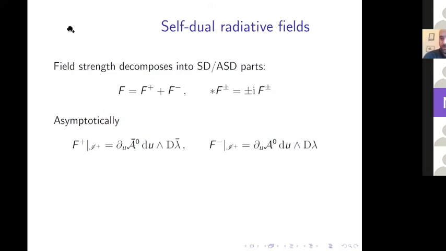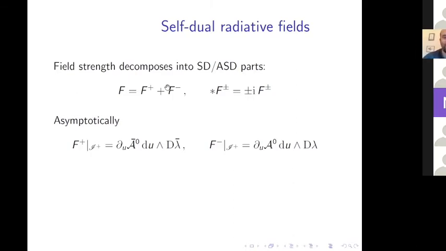Now, we've restricted our attention to 4 dimensions, and what that means is that the field strength of any gauge field can be decomposed into its self-dual and anti-self-dual parts, because the space of 2-forms in 4 dimensions is involutive under the Hodge star.